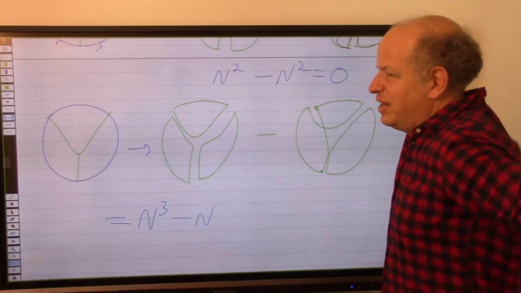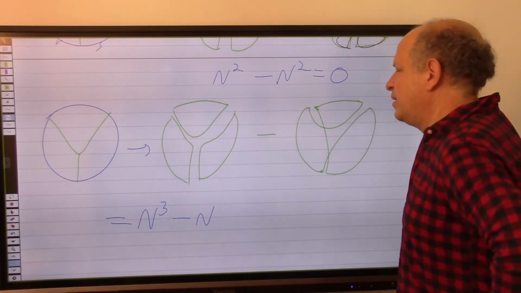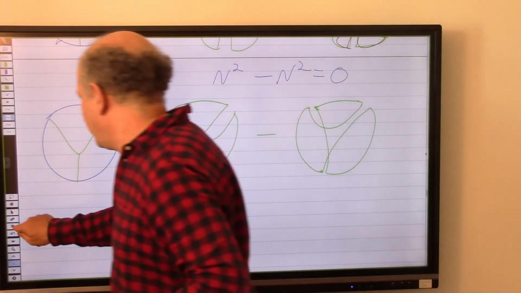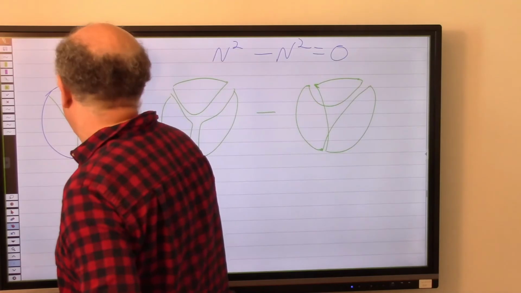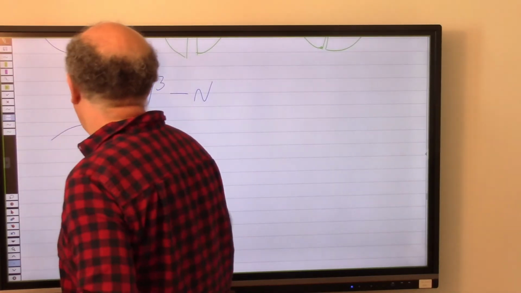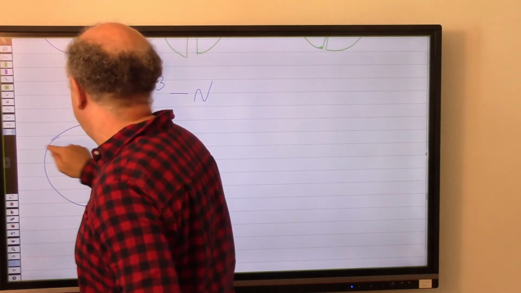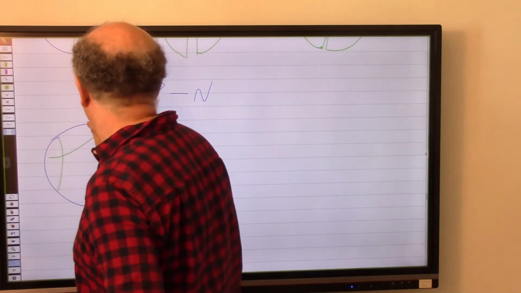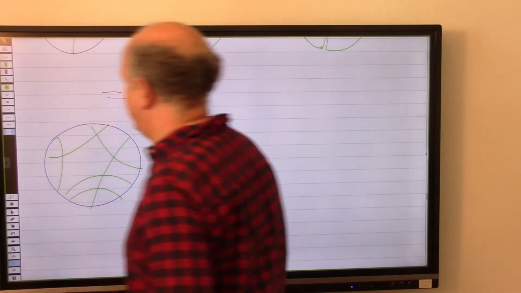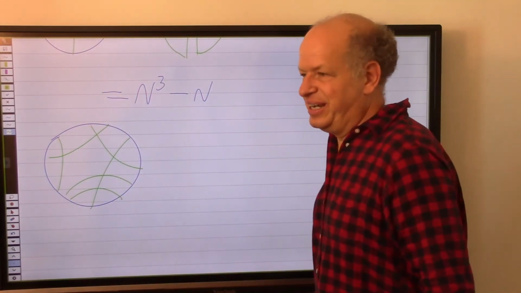Okay? Well, fast and easy, you know what, let's do one more example. So let's compute a diagram with no internal vertices. So this one. Okay?